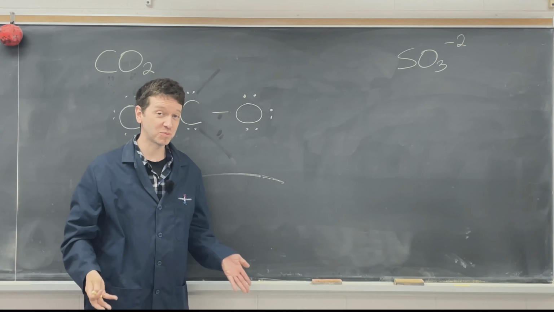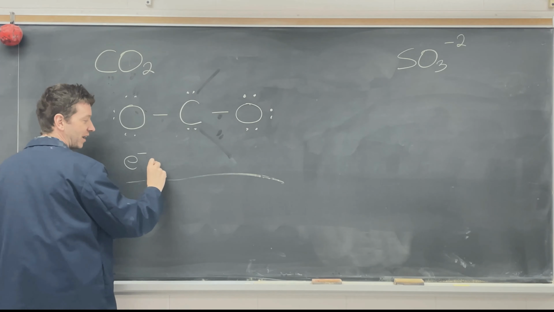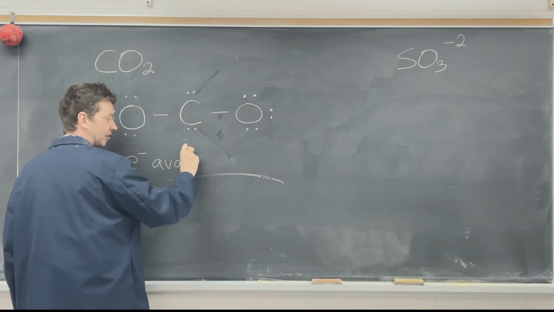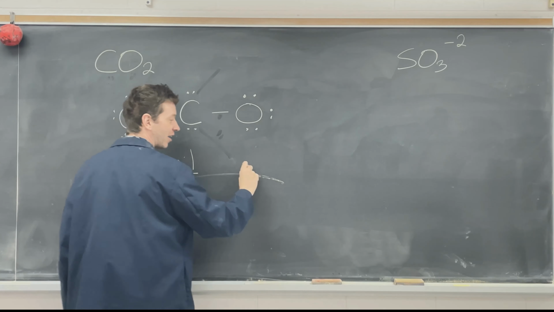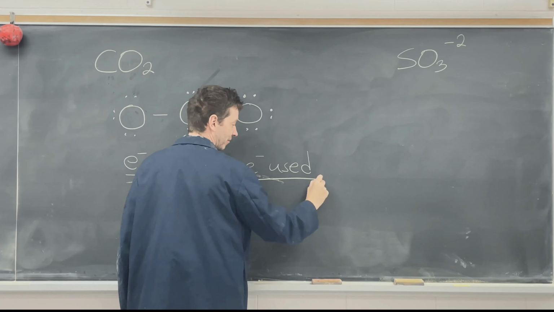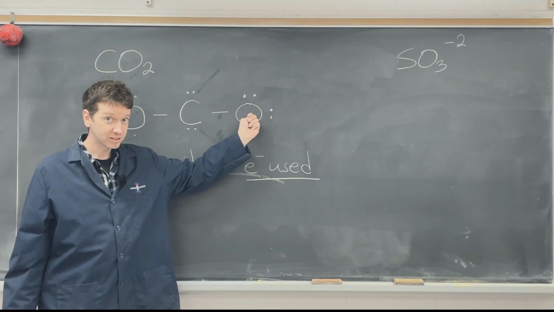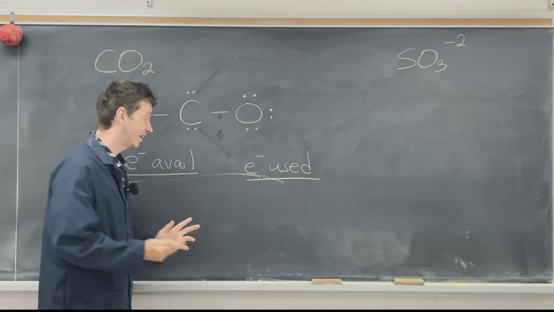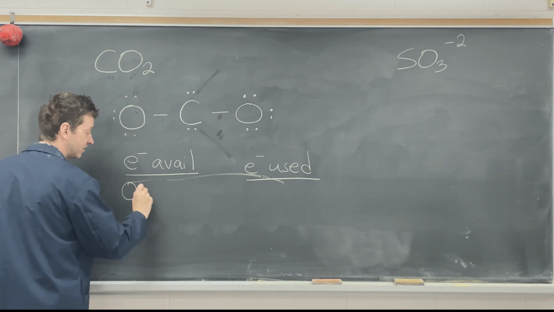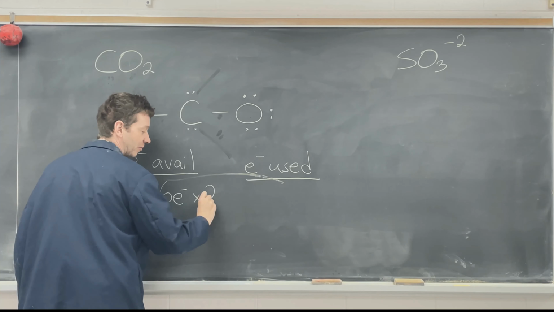So to check if we're right, we are going to look at how many electrons we have available to us and compare it with how many electrons we've used in our diagram. So how many available? Well, we have 2 oxygen atoms, and they each have 6 valence electrons. So oxygens give us 6 electrons, and then we have 2 of them.